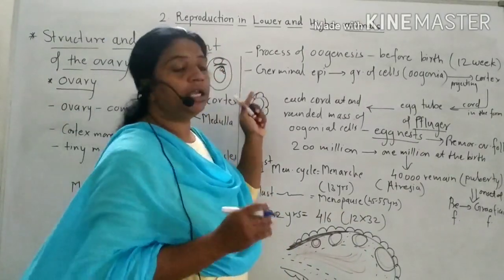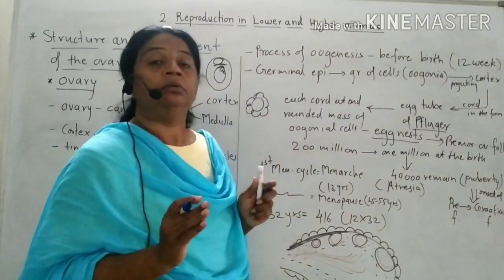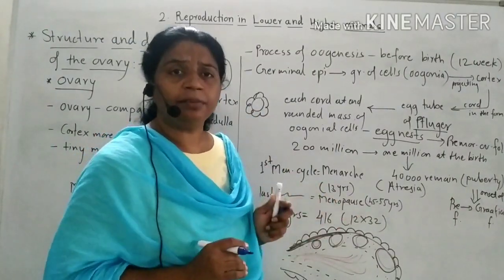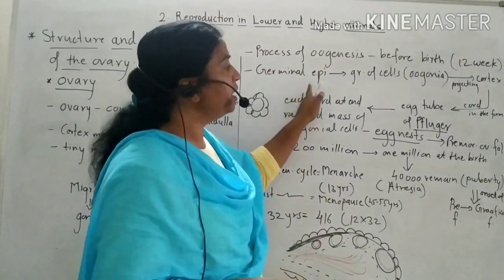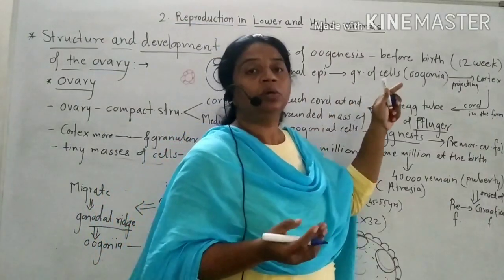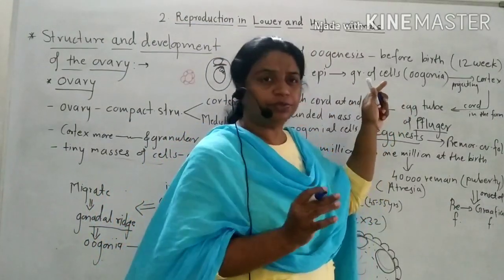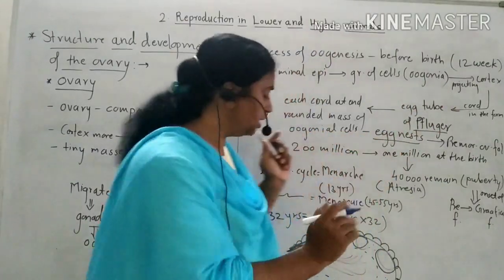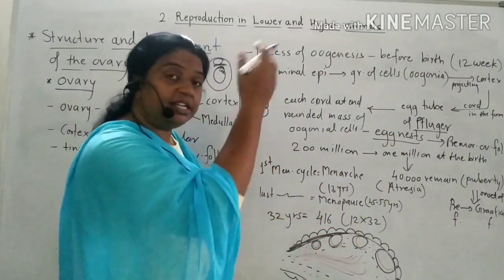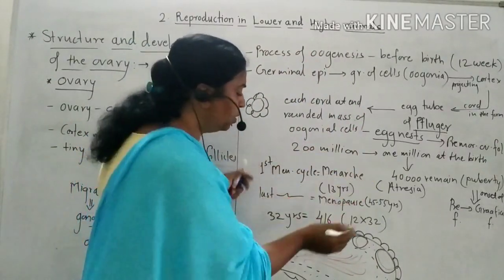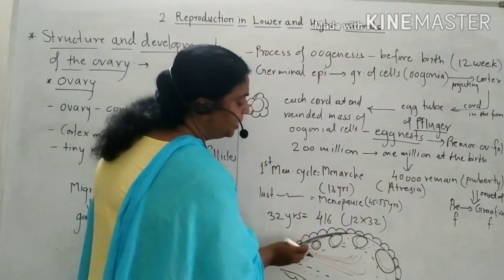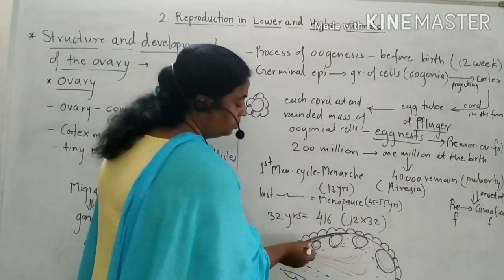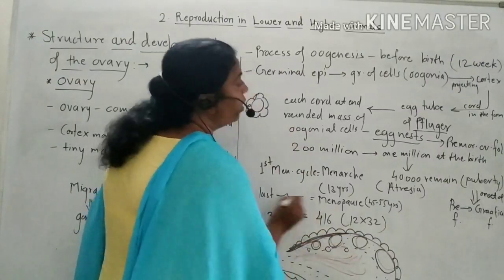The germinal epithelium has no function after the birth. In the embryo, this group of cells of the germinal epithelium, called oogonia, divide and project and migrate into the cortex.